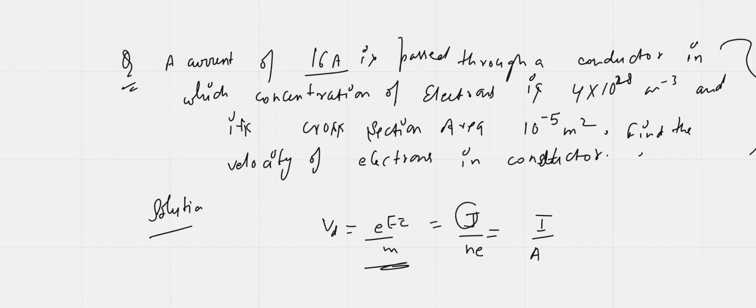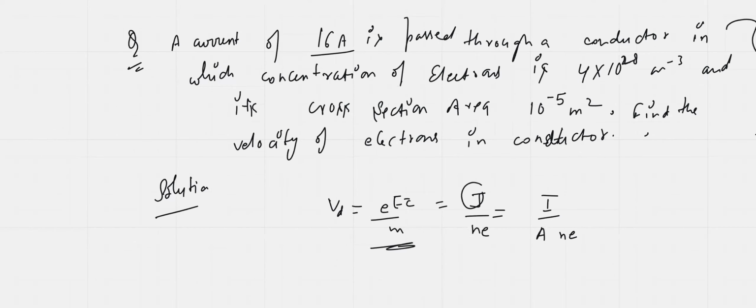So now you can say that I is given as 16, area is given as 2.5 into 10 to the power minus 5. This is the number density, the total number of electrons divided by the volume.